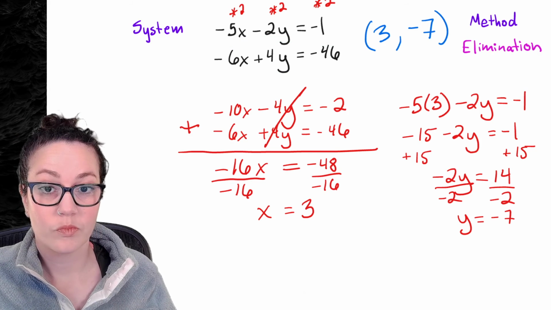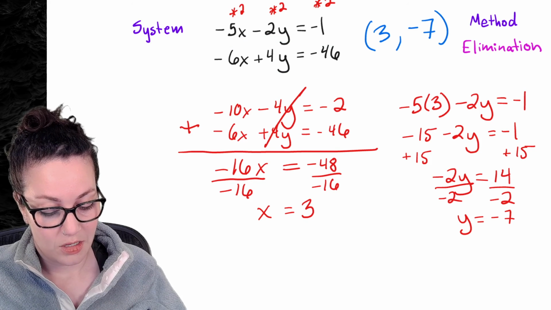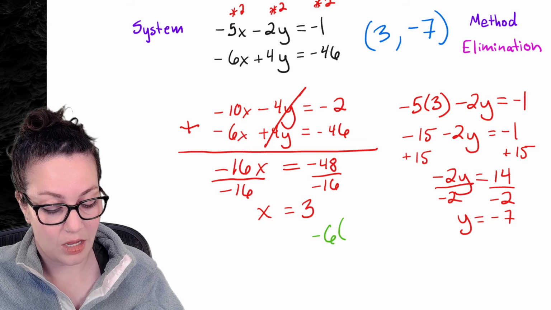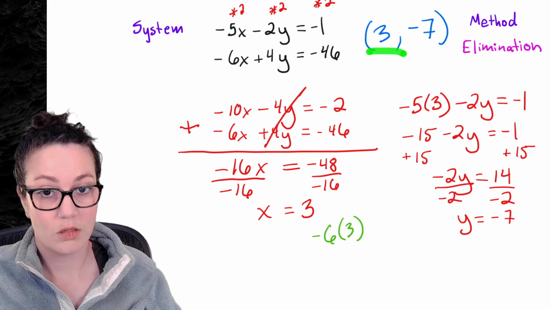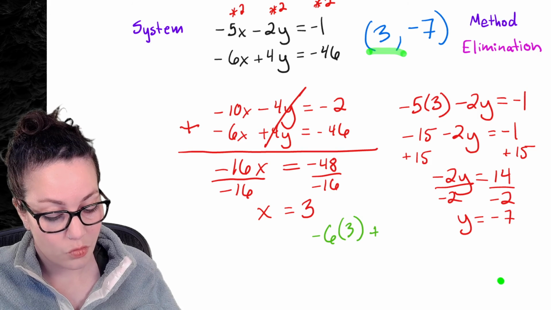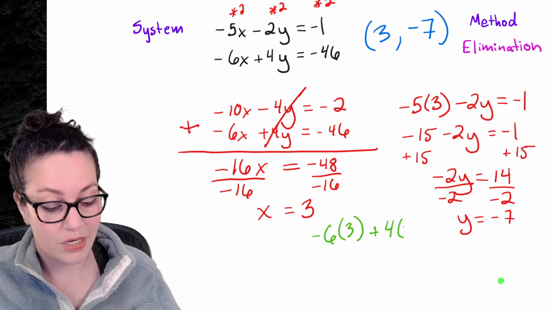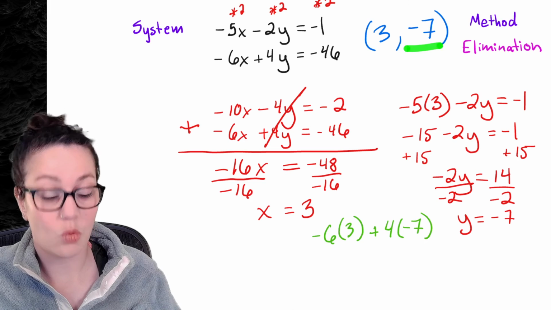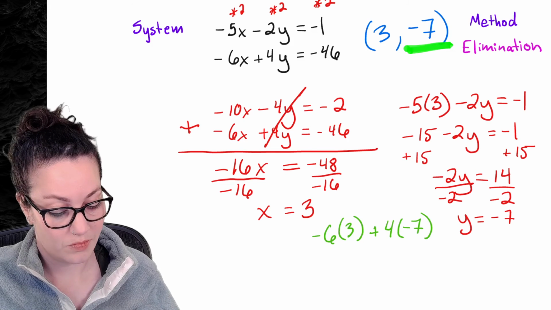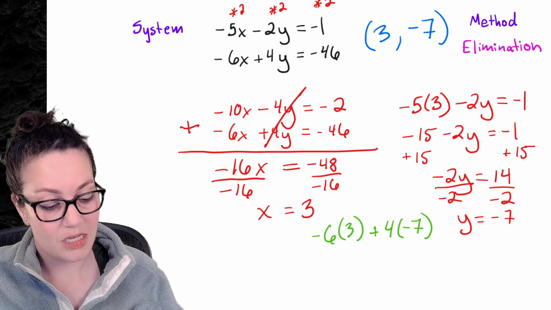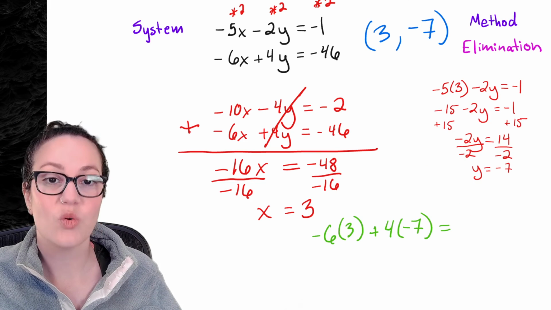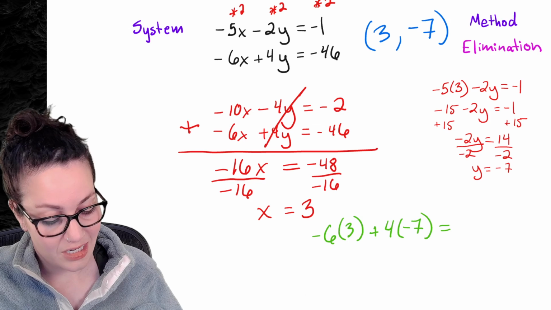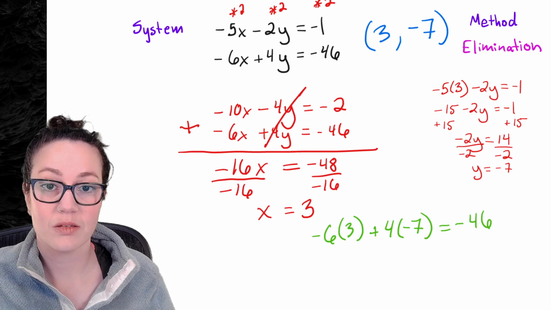So we'll say negative 6 times 3, because our x was 3, plus 4 times negative 7, because our y was negative 7, is equal to negative 46.